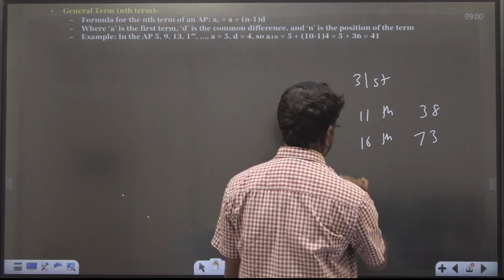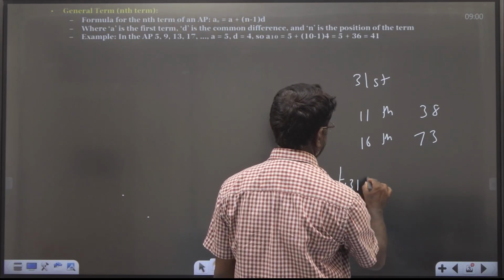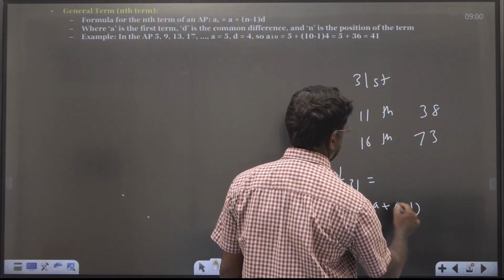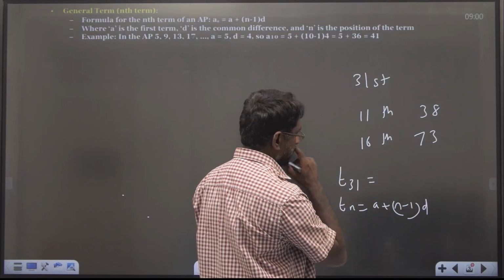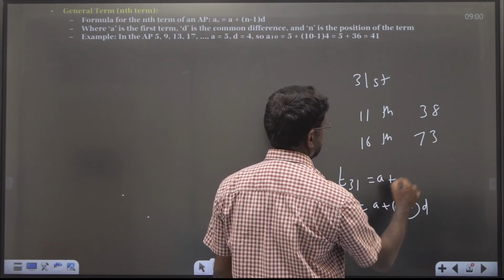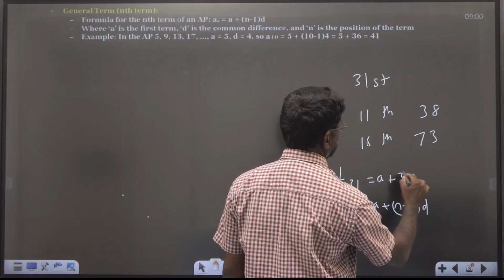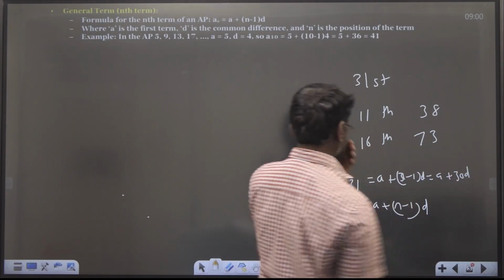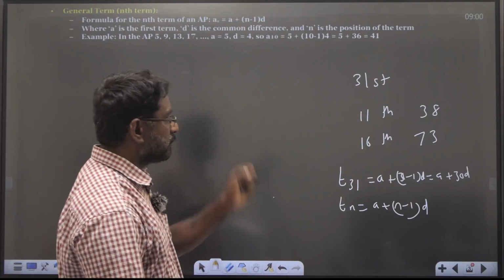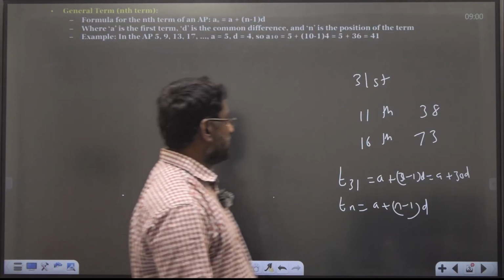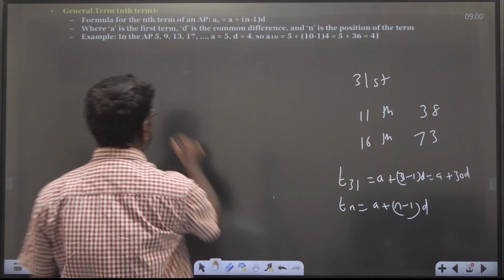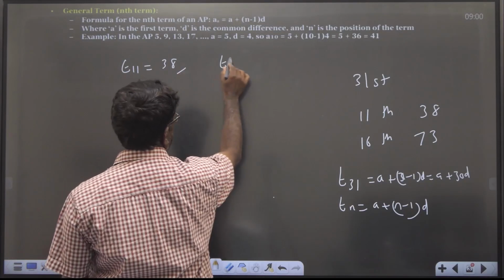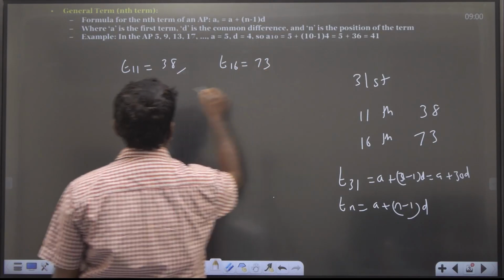Okay. We have to find out T31. We have the formula Tn is equal to a plus n minus 1 into d. Therefore T31 is equal to a plus 31 minus 1 into d, that is a plus 30d. We have to first find out a and d. Given that T11 is equal to 38 and T16 is equal to 73.